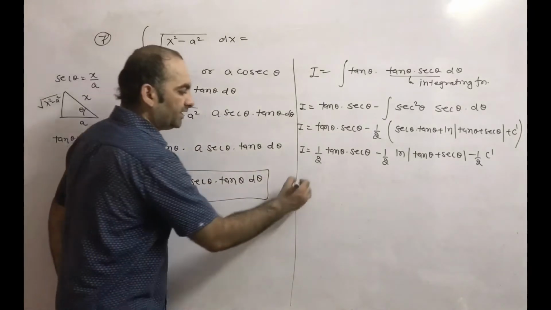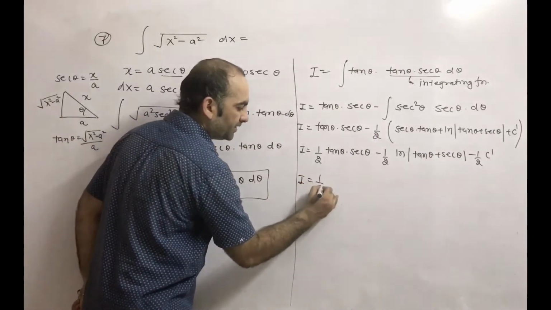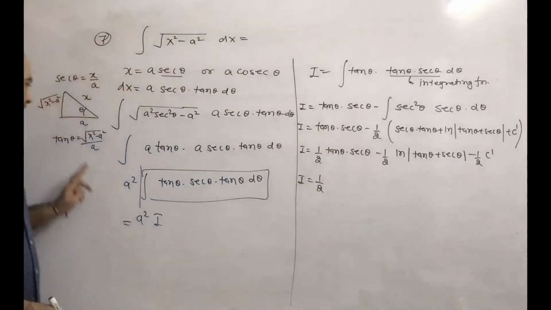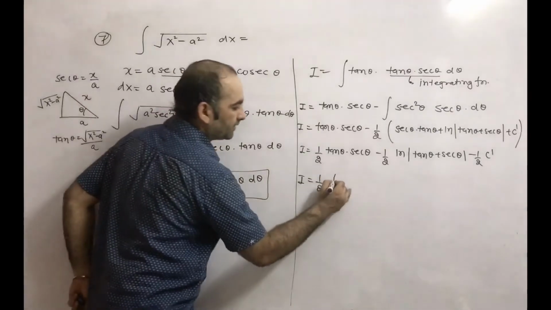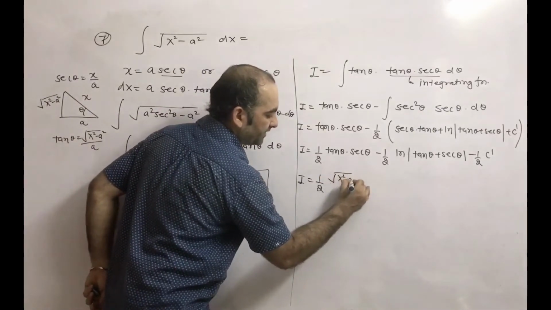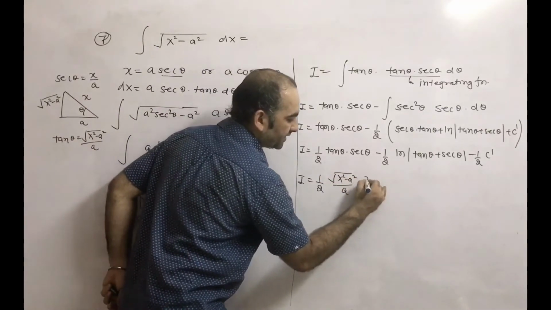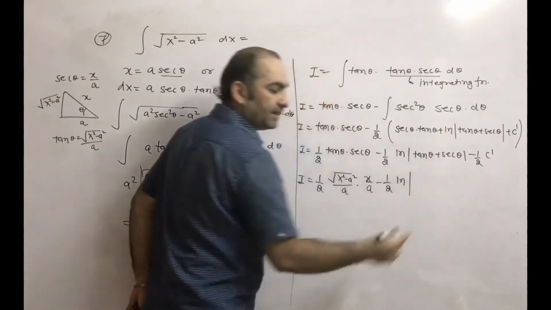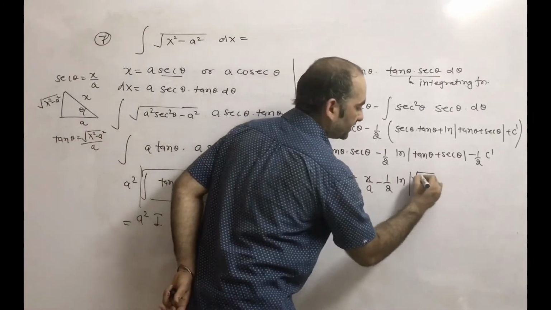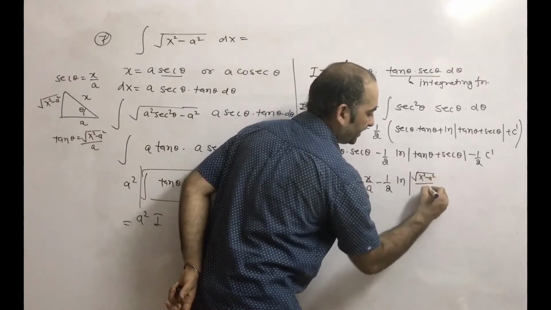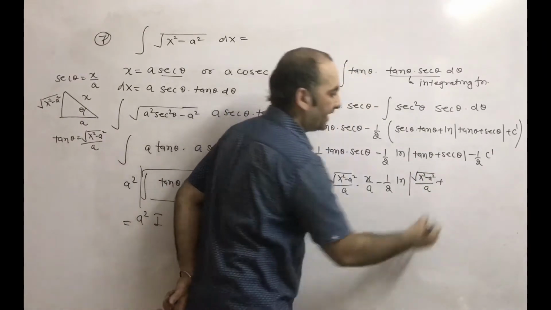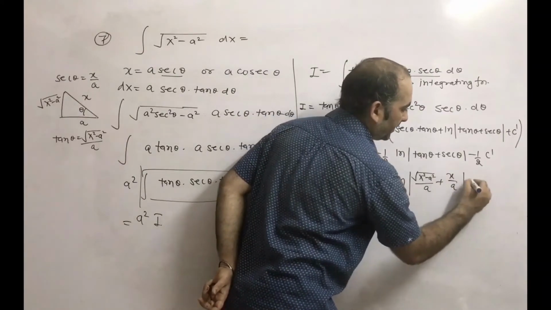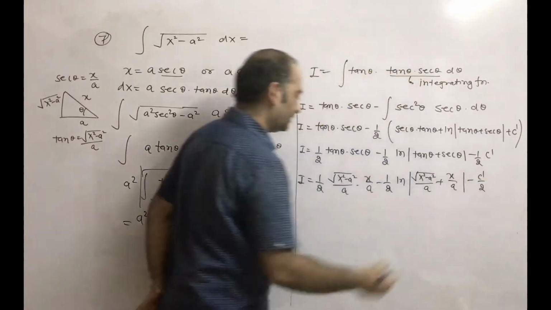So I equals 1 by 2 times root over x square minus a square by a, times x by a, minus 1 by 2 ln modulus of root over x square minus a square by a plus x by a, minus c dash divided by 2.